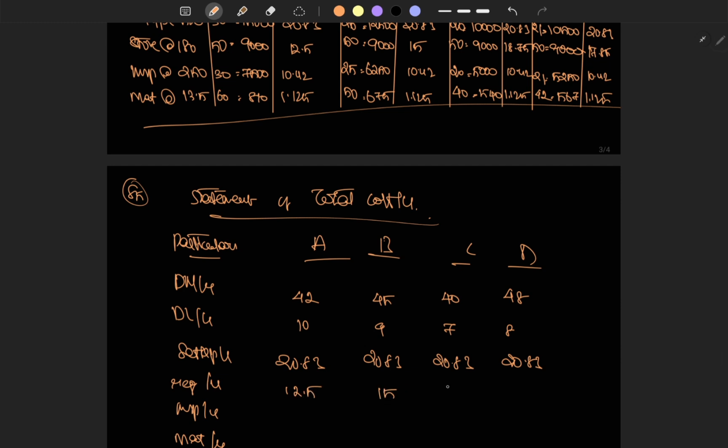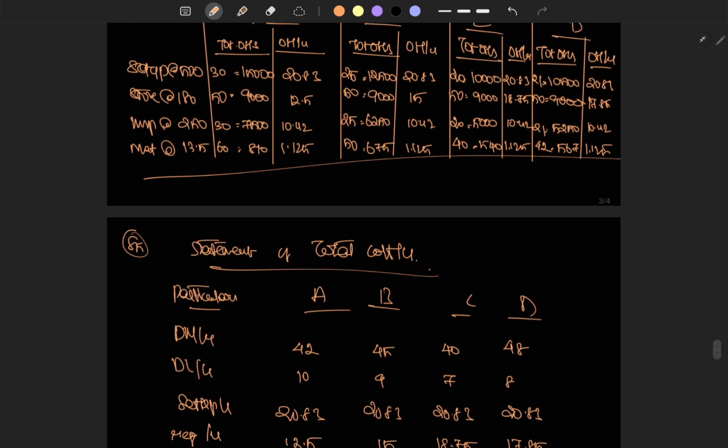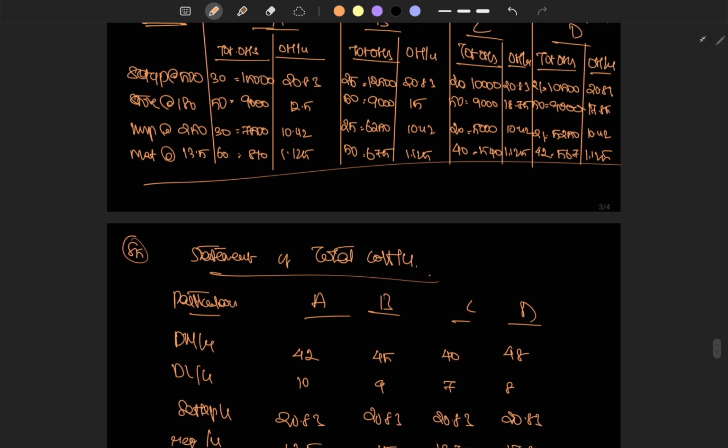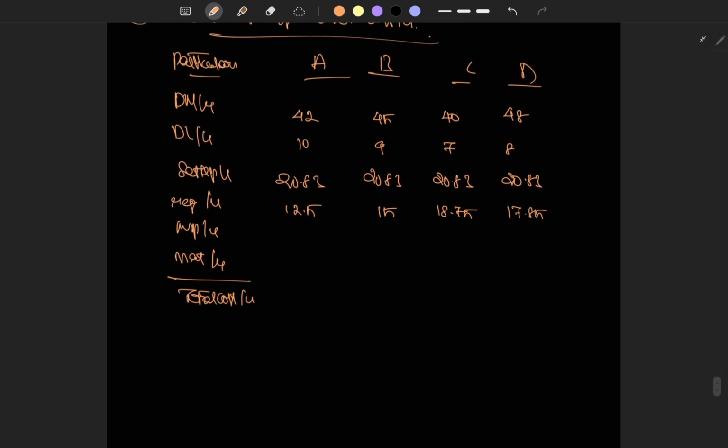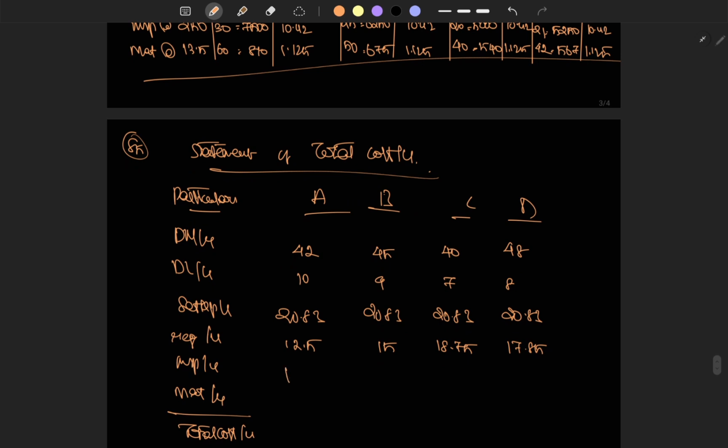Then 12.5, 15, 18.75, 17.85. The reason there is a difference for requisition only is that there are similar values of 9,000, but different units for every product. And then 10.42 for all the products and 1.125 for all the products.